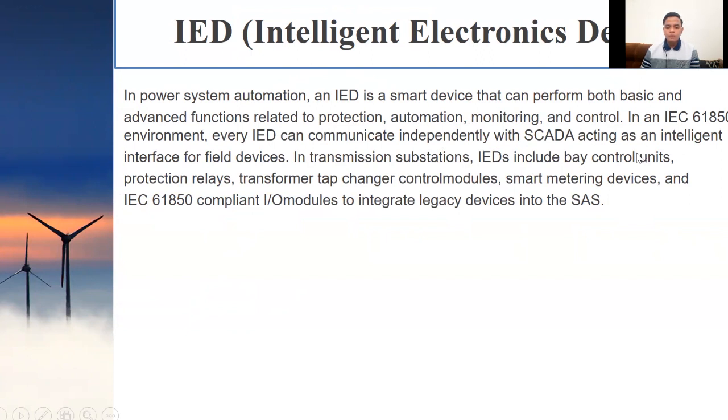In transmission substations, IEDs include bay control units, protection relays, transformer tap changer control modules, smart metering devices, and IEC 61850 compliant gateway modules to integrate legacy devices into the substation automation system.